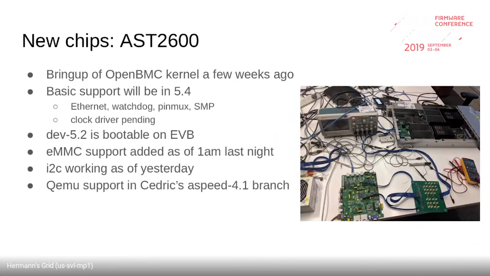But to get that going, I had to get the rest of the chip going. So we got the pinmux driver, watchdog, Ethernet, the SMP support. The clock driver is written but not merged upstream. But there's a whole bunch of code that will be in 5.4 for ASPEED, which is cool. Dev 5.2 has even more, and so that's what we're using to bring up a BMC card at the moment, which is all going well.